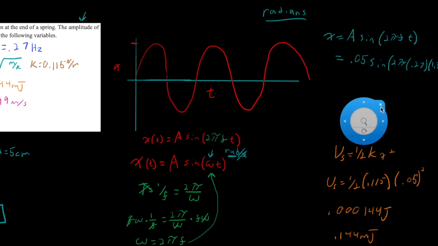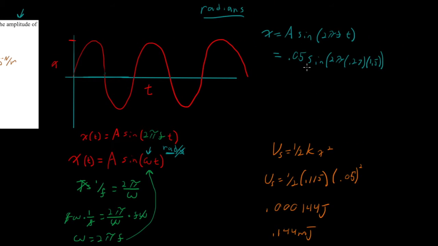So what we're really saying is, this is the equation that describes this motion. This one equation describes this motion. And I'm just saying, okay, at 1.5 seconds, where am I going to be on this graph? And I know my amplitude is 0.05. So right here, my maximum height is 5 centimeters. Down here, maximum height is going to be negative 5 centimeters. So I want to know, where am I at 1.5 seconds?